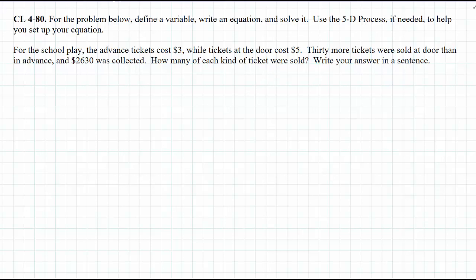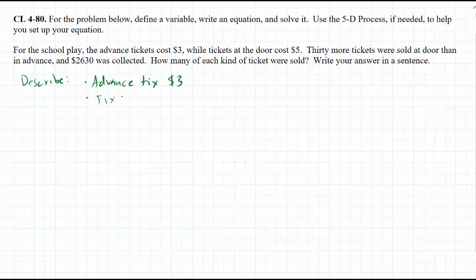Okay, let's go ahead and do the 5D process. The first one is to describe the situation or to draw it. I'm going to describe it. We know that advance tickets were $3.